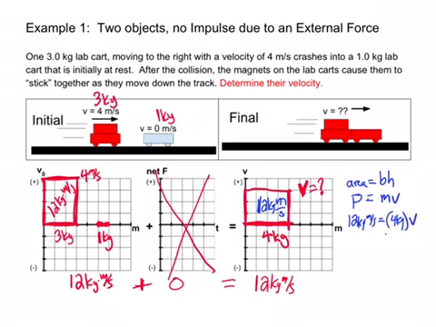Okay, so just dividing that 4 from both sides, we've got velocity is equal to just 3 meters per second. Okay, so that's how you do a momentum chart problem where there's no impulse.